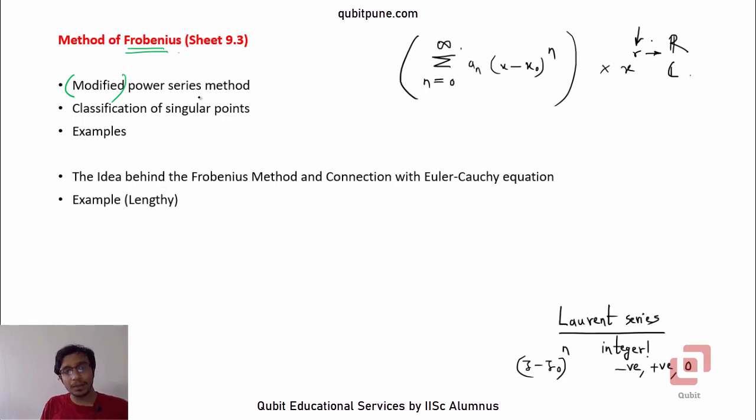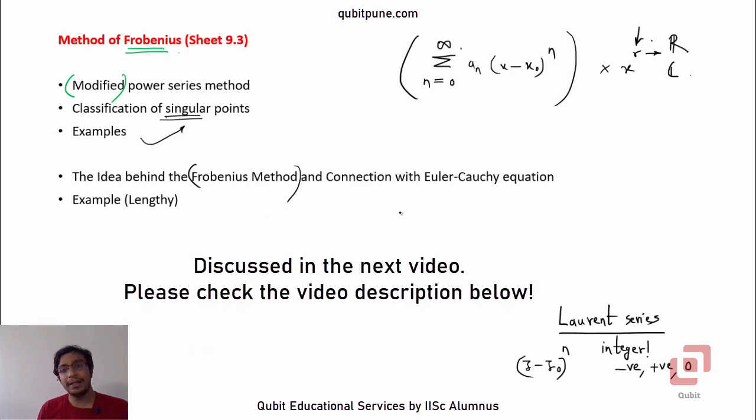Once we discuss it, we will go to the classification of singular points into two types, and then we'll of course solve questions on that classification of the singular points of the functions. Then we will discuss the main idea behind the Frobenius method, or the modified power series method, and its connection with the Euler-Cauchy equation.